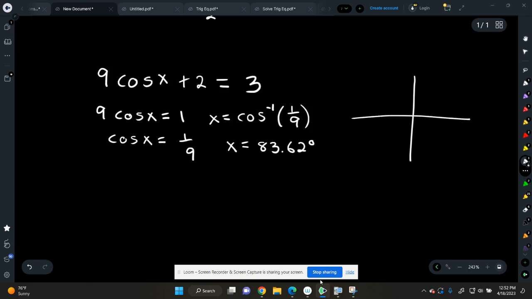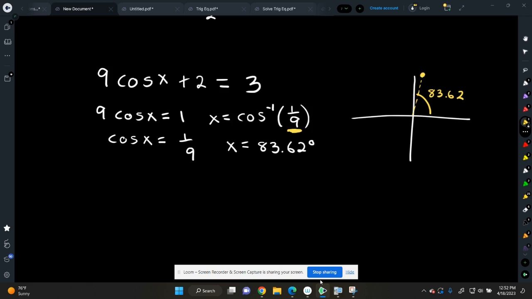Now, let's make sure that that's the only angle. Approximately 83.62 is up here somewhere, right? So my reference angle, this angle right here, is 83.62. We're looking for a positive value for cosine.